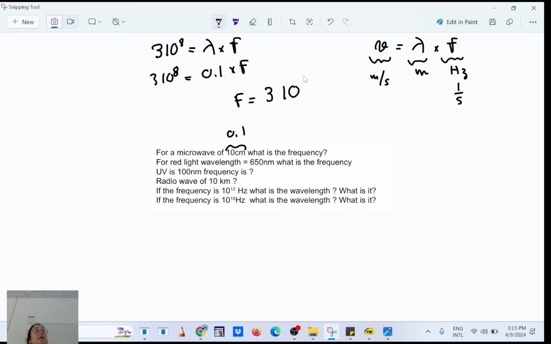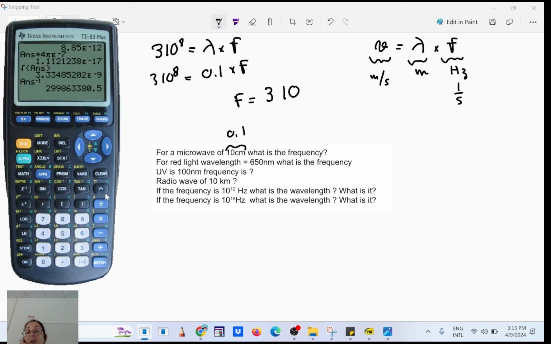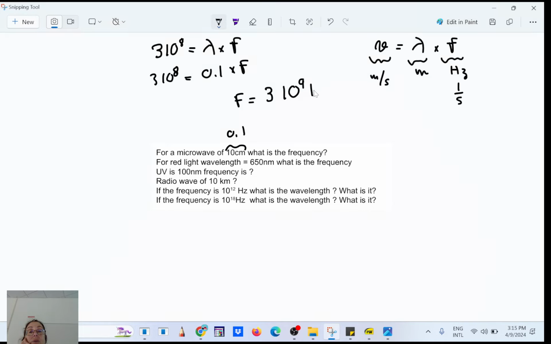So you're going to get 3 times 10 to the 9, right? Because you divide by 0.1, so it's like you multiply by 10, okay? So you do 3 times 10 to the 8 divided by 0.1. So 1, 2, 3, 4, 5, 6, 7, 8, 9 hertz.